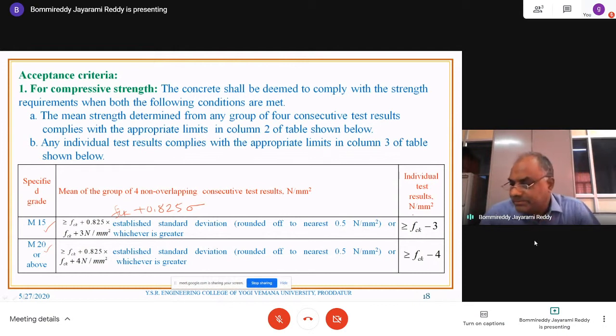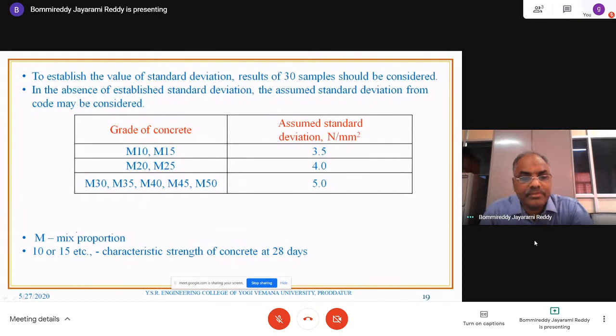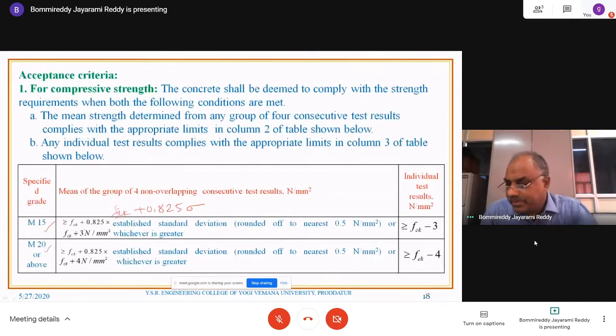Say, for example, if it is M25: FCK, 25, plus 0.825 into sigma. That is the minimum value.